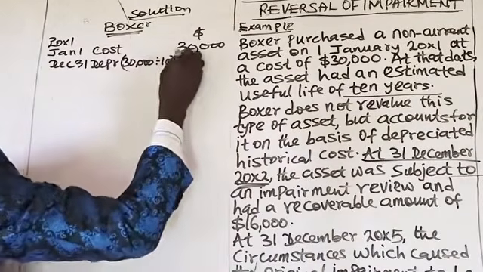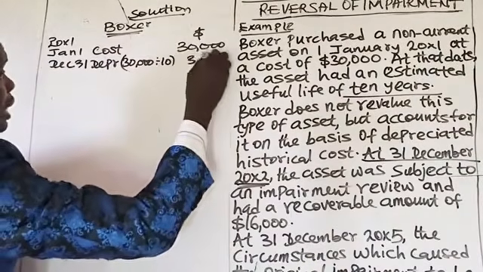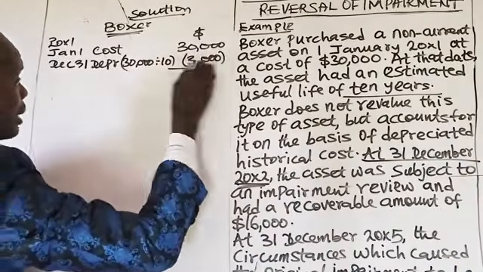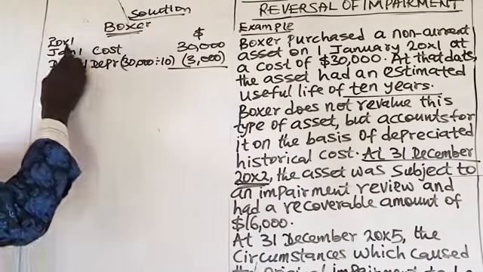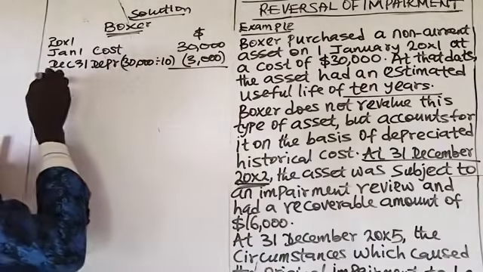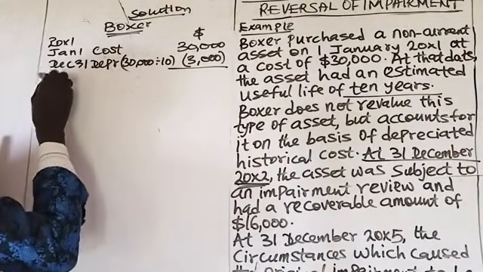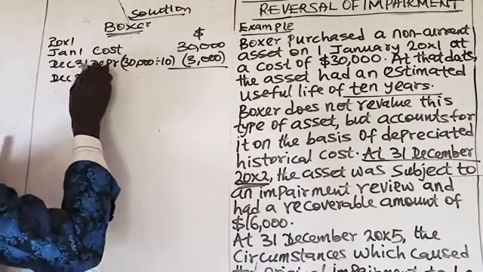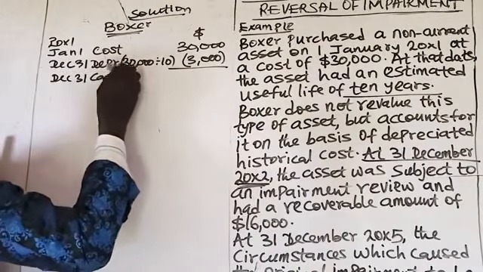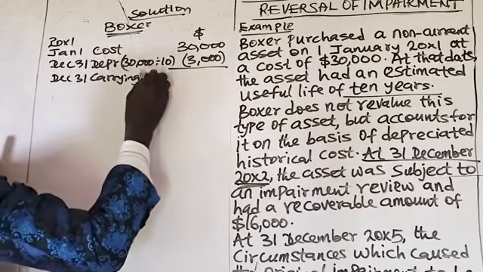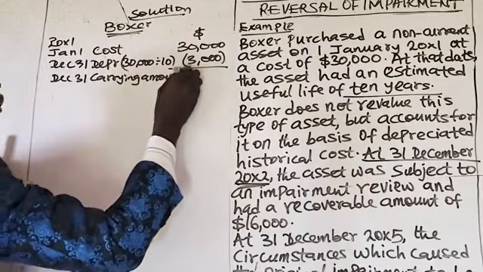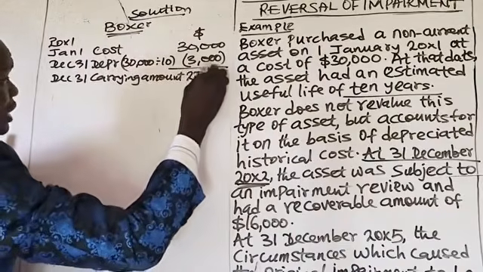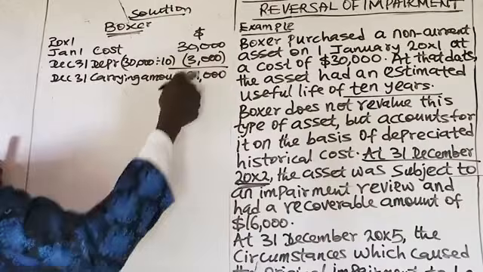That means depreciation of 3,000 will have been recognized in the financial statement as at December 31st, 20X1. So that means as at December 31st, 20X1, you will be having the carrying amount of 27,000. That is 30,000 minus 3,000.